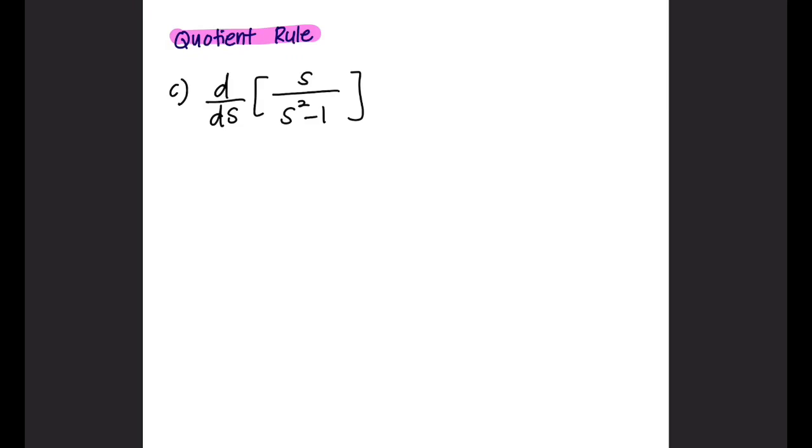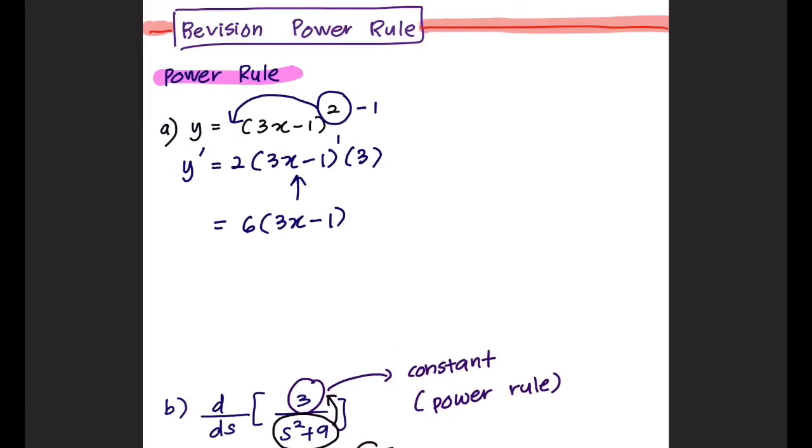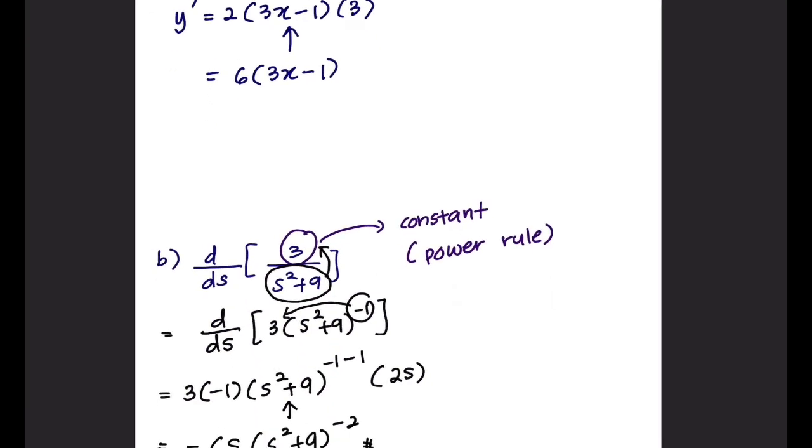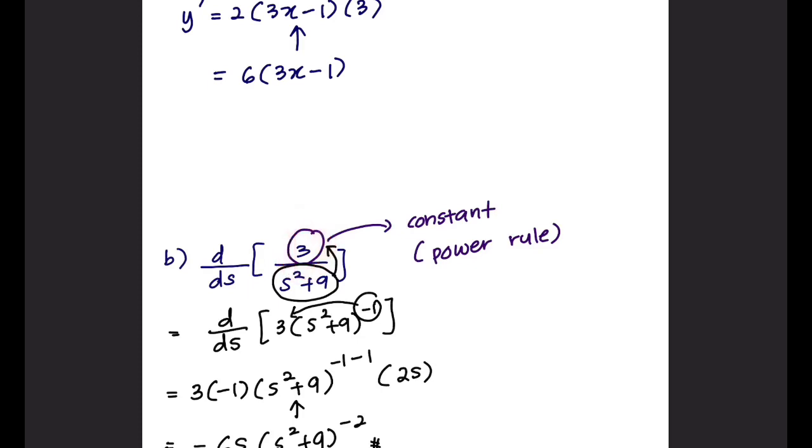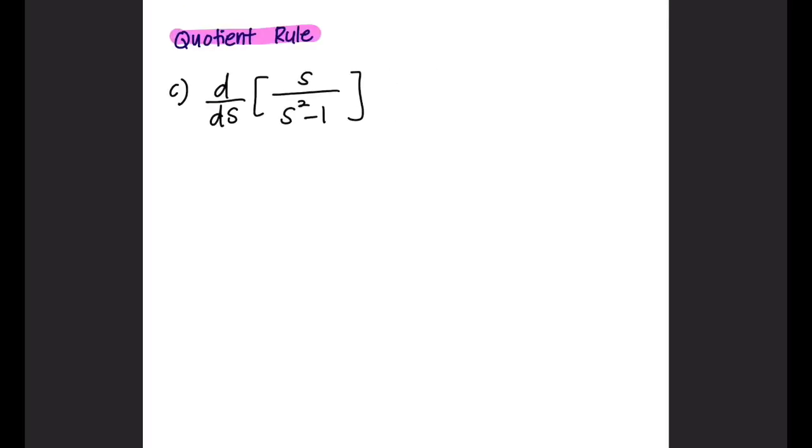For question C, you must apply the quotient rule. You will apply the quotient rule if on top of the function we have a function of s. So remember, if there is a constant on top, you can proceed with the power rule.